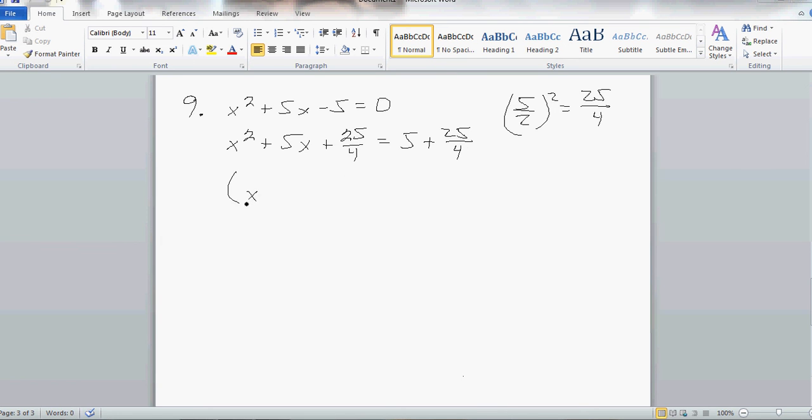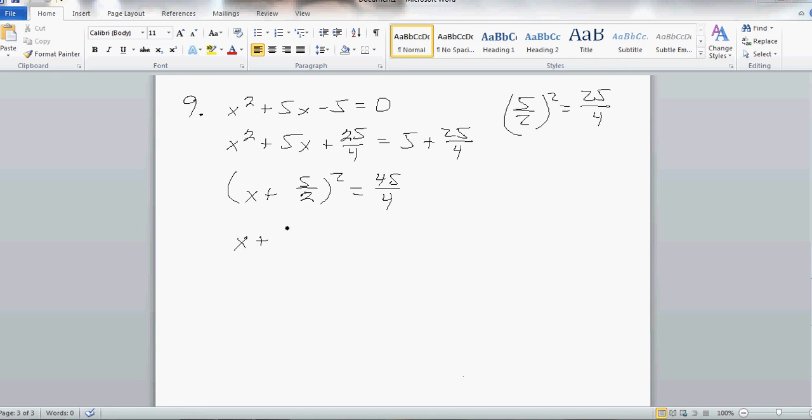So factoring this would look like x plus 5 halves. It's half of that factor, right? And then 5 plus 25 fourths would be 45 fourths. Now we can take the square root of both sides.